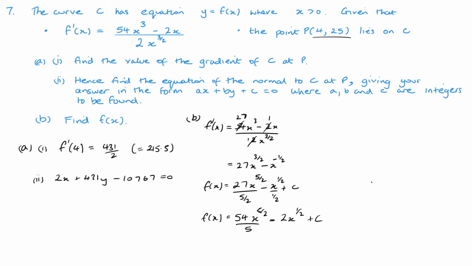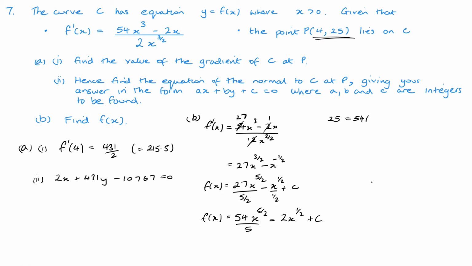Now this is where this coordinate comes back in. We can use that to find c, because f of x obviously goes through that point, P is on that. So f of x would be worth 25 when x is 4.